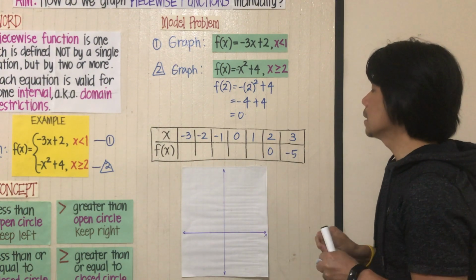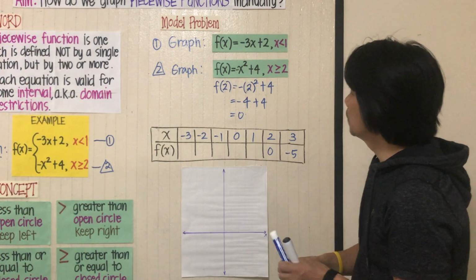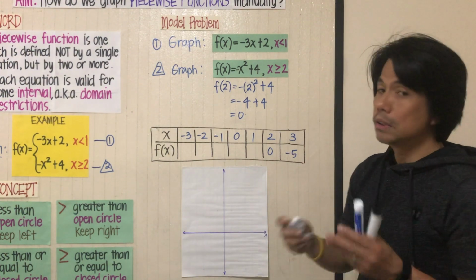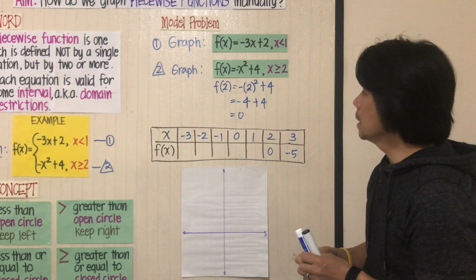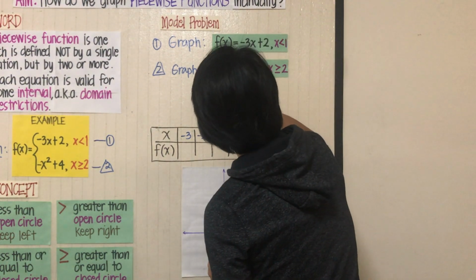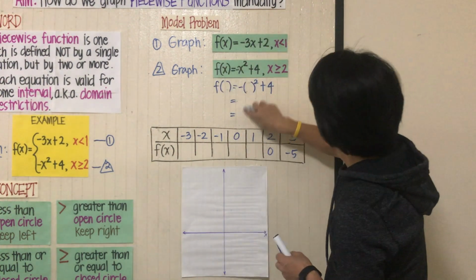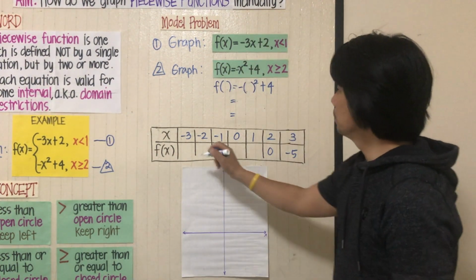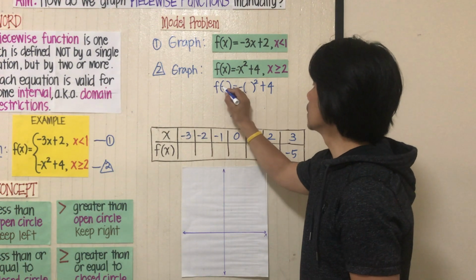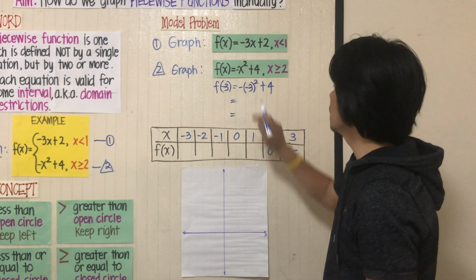Now, I'm going to continue this later on, but let's go to the -3 first, so that you would know how to substitute using a negative value. Let's erase this. So what if my x is -3? Just simply substitute -3 inside the parentheses.